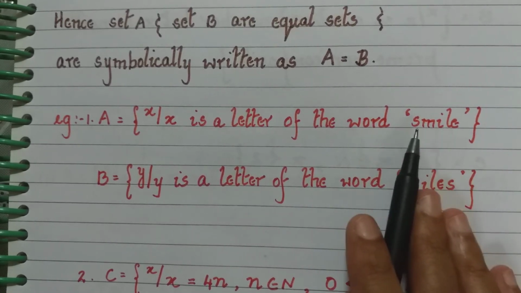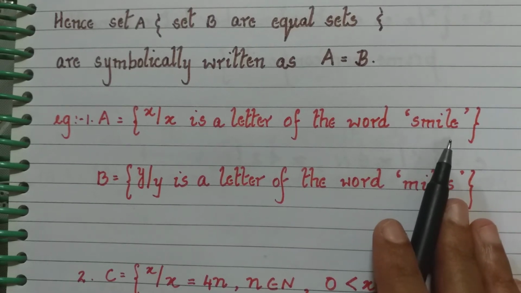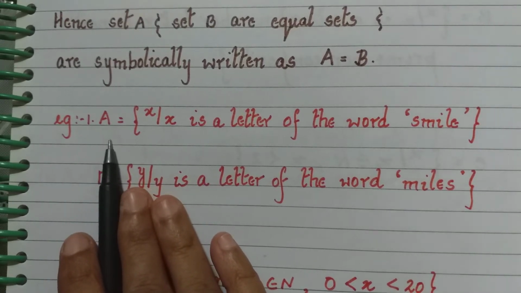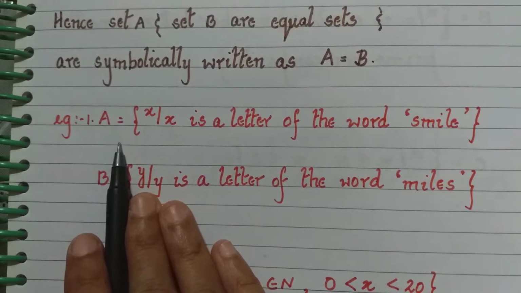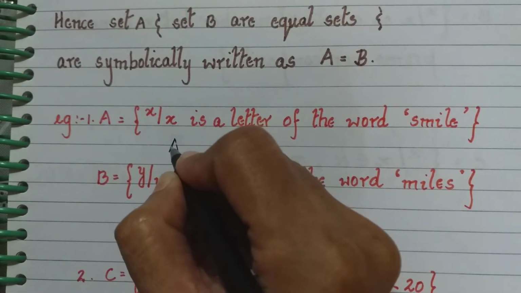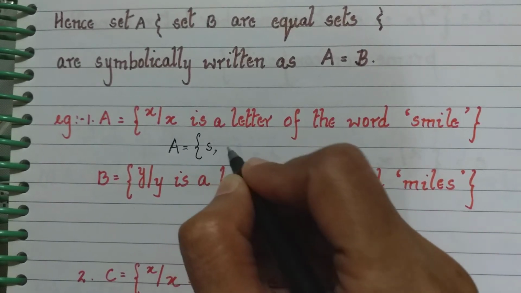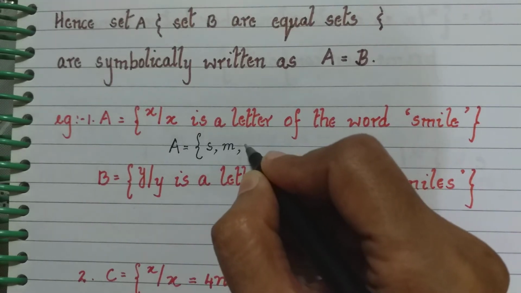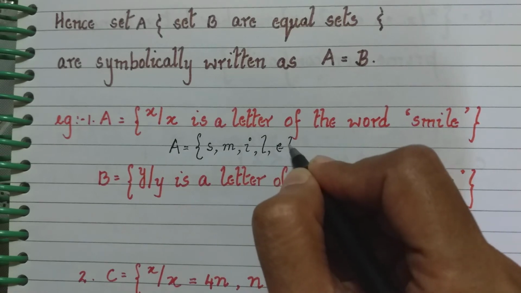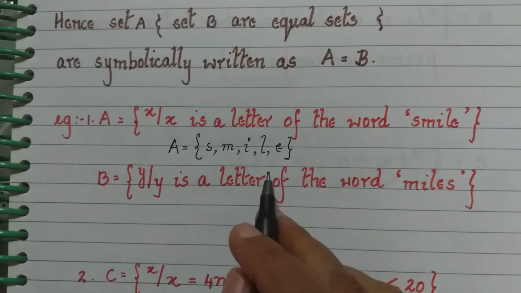Now in this word smile we have the letters S, M, I, L and E. So if I were to write this set by using the listing method or the roster method, I would write it as A is equal to S, M, I, L and E. These would be the elements of this set A.